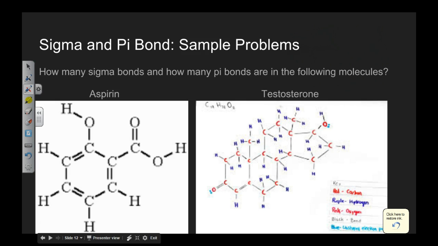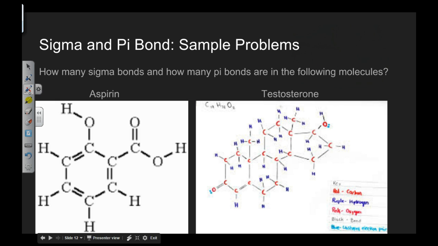We can take all these crazy compounds and count up sigma and pi bonds. This is the structure of aspirin, acetylsalicylic acid, and let's count sigma bonds.